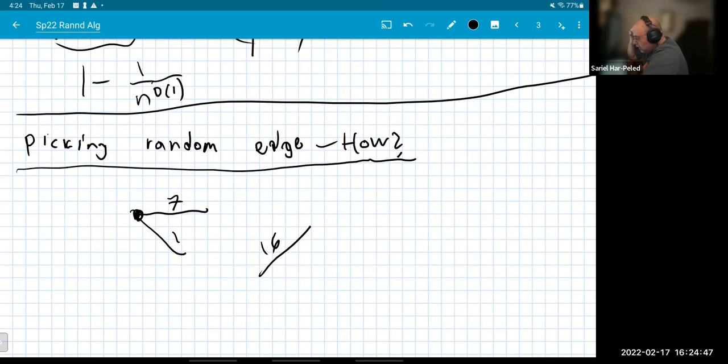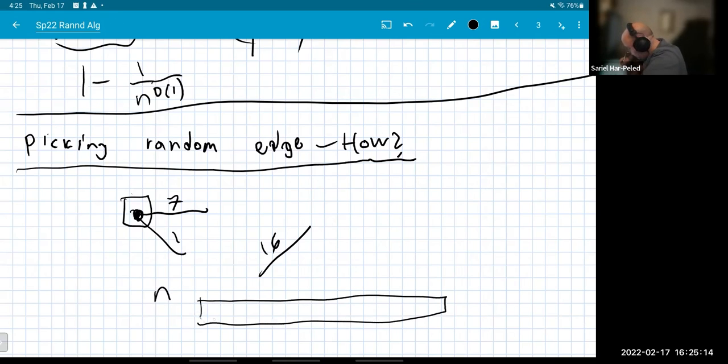Okay, so how do we do that? That's a good question. What we're going to do for every vertex, we're going to maintain the total weight of all the edges adjacent to it, okay? And we have n vertices, right?